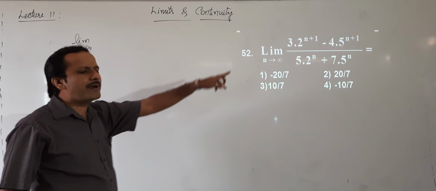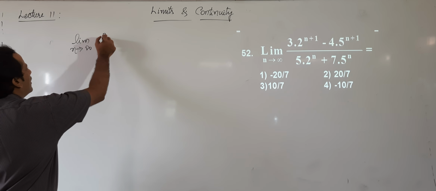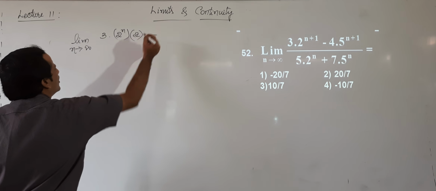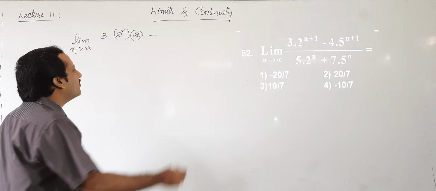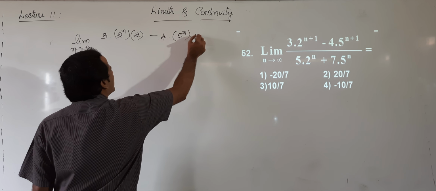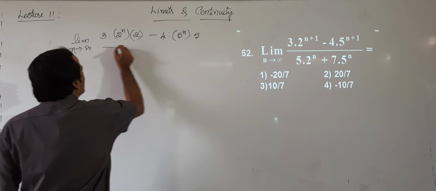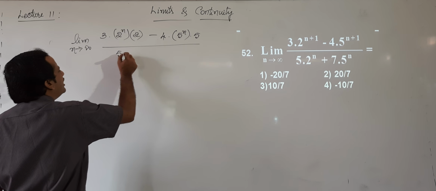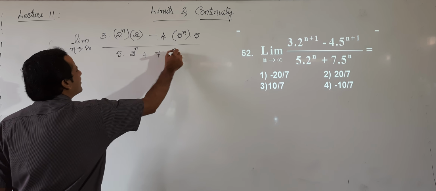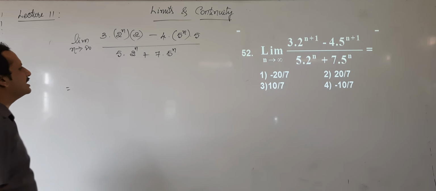Here 2 power n plus 1 is there. I will write that as 2 power n into 2 minus 4 into 5 power n plus 1 is there. I will write that as 4 into 5 power n into 5 divided by 5 into 2 power n plus 7 into 5 power n. Okay, that's equal to.